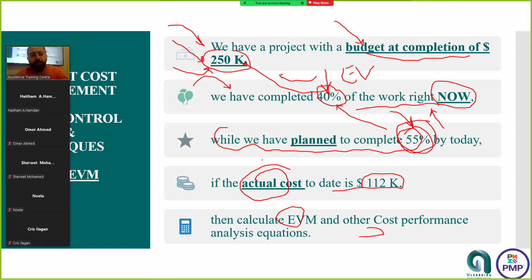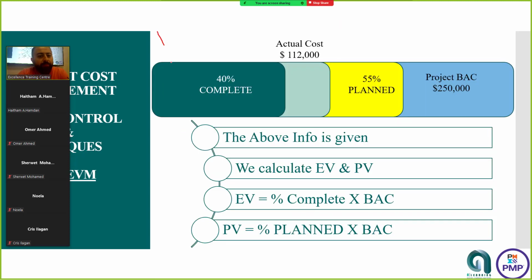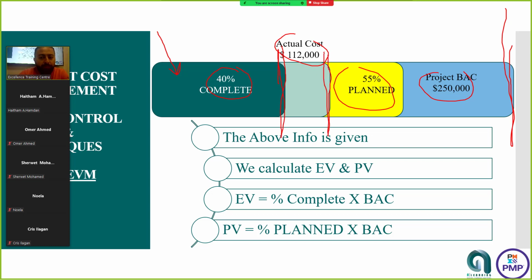Let's move forward. The first thing, please do this graph if you are asked that question in the exam. 40% completed, the actual cost, what has been planned, and the project budget at completion here. This is what we have spent up to the moment, and this is what we have planned to either complete or spend, and this is the full completion budget.